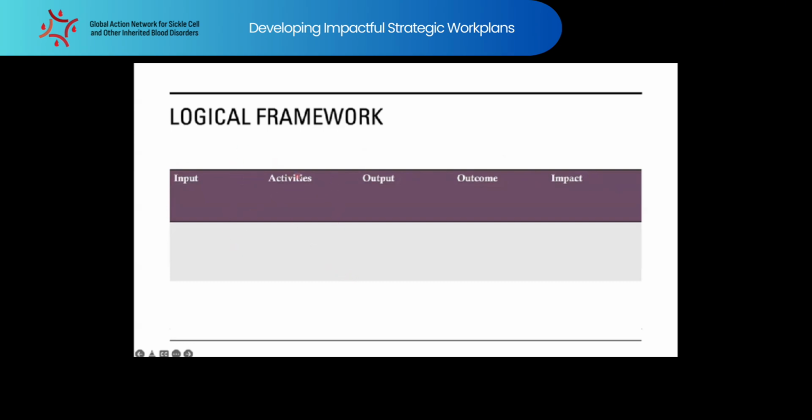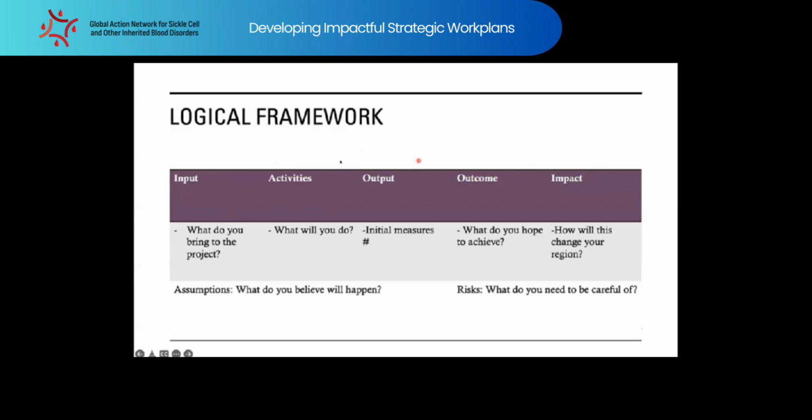And what happens here is your input is what do you bring to the project? You spent a lot of time now on that. Here's our tools, our resources, the people we have, and so forth to make this a reality. And here's where we also are going to put the funding needs we have too. We need X number of dollars to make this happen.